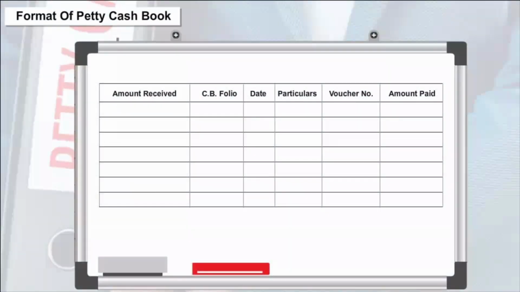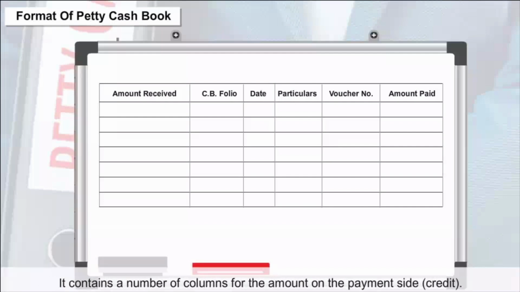Format of Petty Cash Book. It contains a number of columns for the amount on the payment side, that is credit. Each of the amount columns is allotted for items of specific payments, which are most common. The last amount column is miscellaneous, followed by the remarks column.